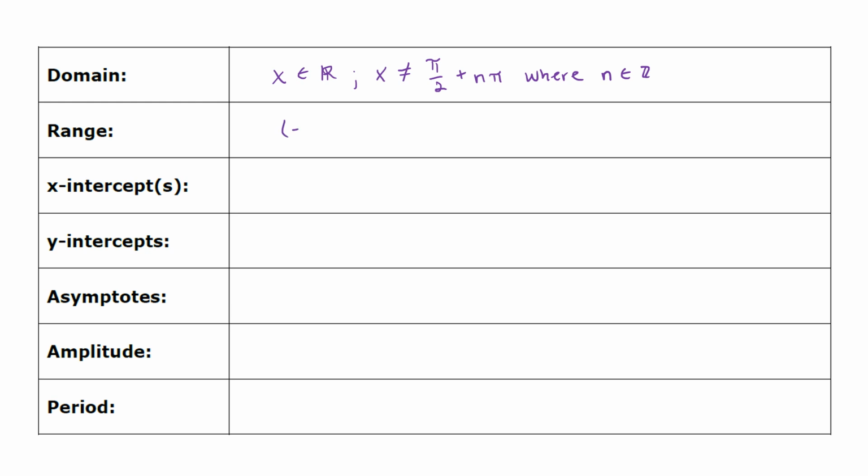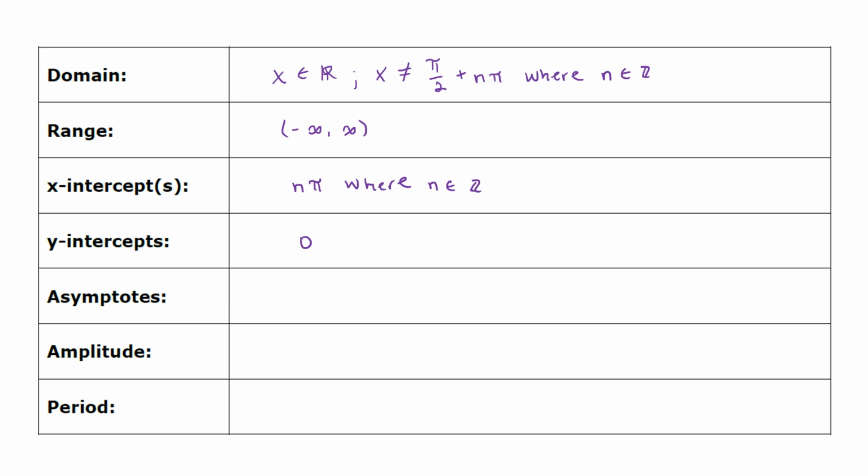The range is from negative infinity to infinity. The x-intercepts are n times pi, where n is an element of the integers. The y-intercept is 0.